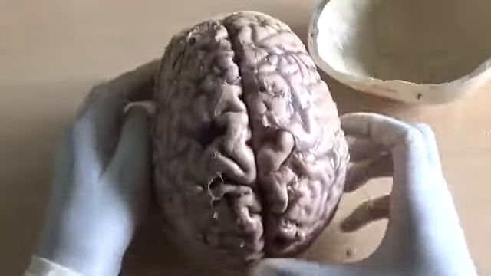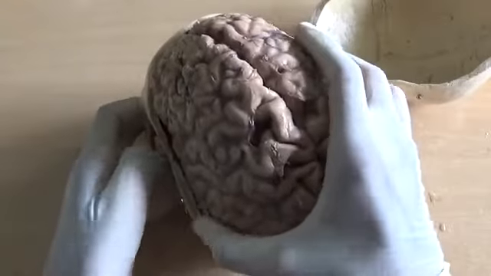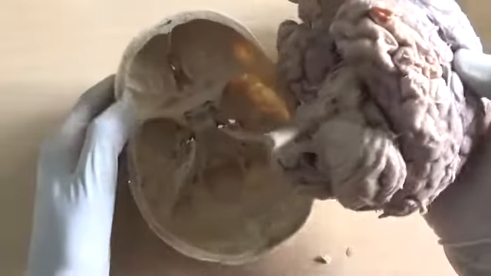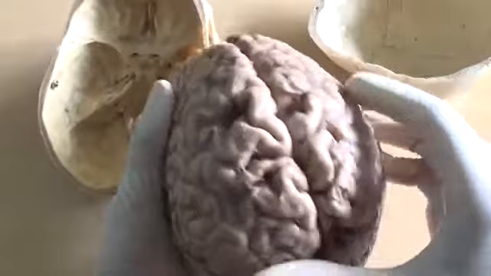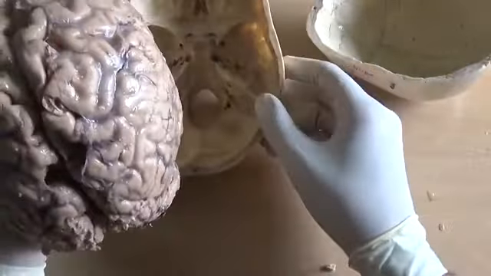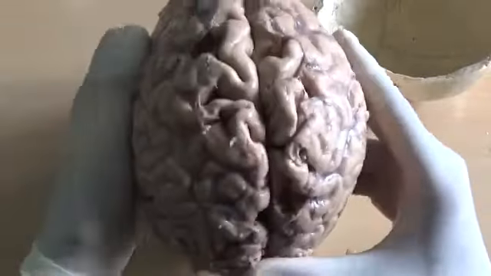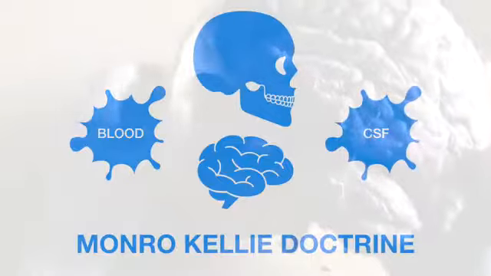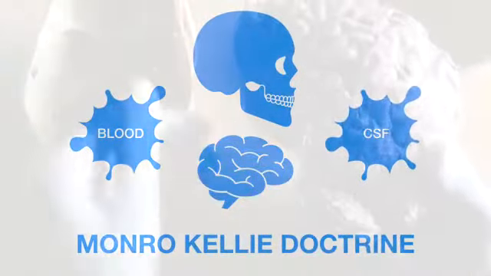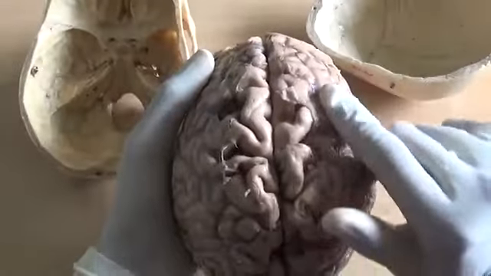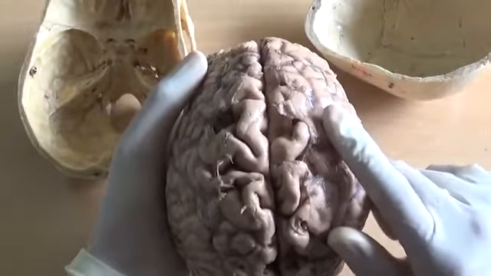We have removed the dura mater, and this is to show you how it is lying deep inside. So this is the brain, and as you have seen just now, there is hardly any space left once we put it inside. So according to the Monro-Kelly doctrine, three tissues are lying within the brain box, that is brain, blood and CSF.